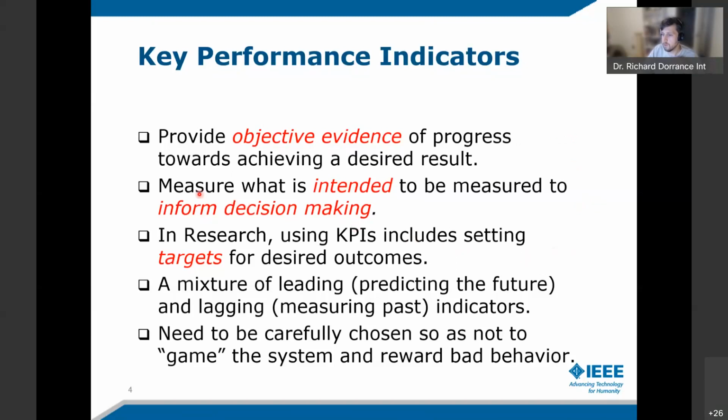And so really the purpose of a key performance indicator is to measure what is intended to be measured. And it's key that it's what you're intending to measure. That way you can make informed decisions about directions for the research, the success of the research, and if you're going to take that engineering work into an actual product.